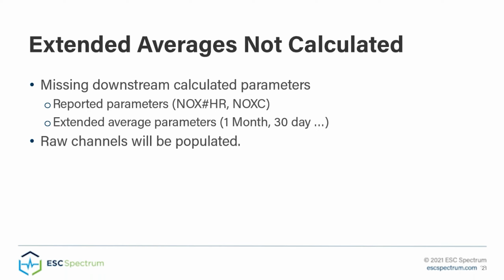So if you're not seeing anything in your extended values, the first thing I would always check is to make sure that your ProcessNow sequence is completing successfully. And if you're still having issues from there, you can always reach out to support, and we can take a look at everything and get everything fixed from there.